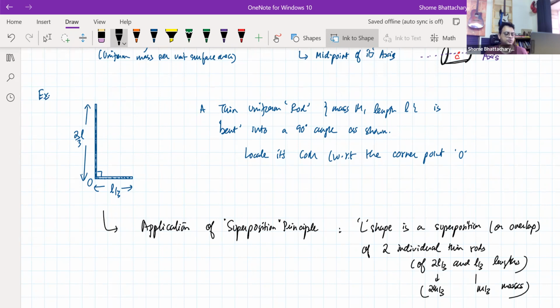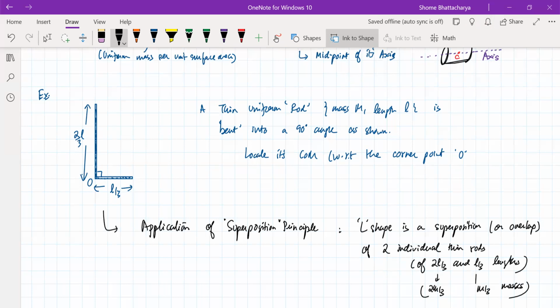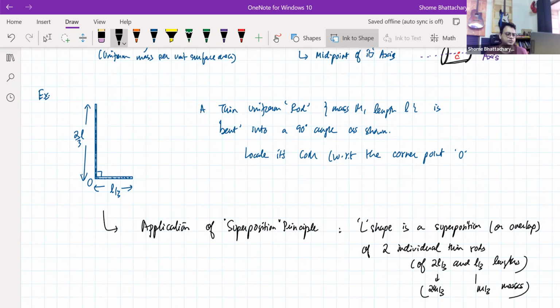At its center of mass, that is at the midpoint of that rod. And then the L/3 rod you will replace with a particle of mass m/3, located at its midpoint. So that will be at L/6 from this corner. Okay, that leaves you with a two-particle system instead of a rigid body. And for the two-particle system, you can easily find the position of the center of mass.